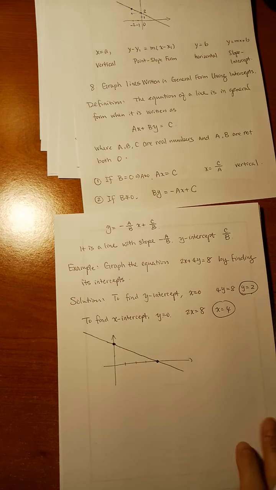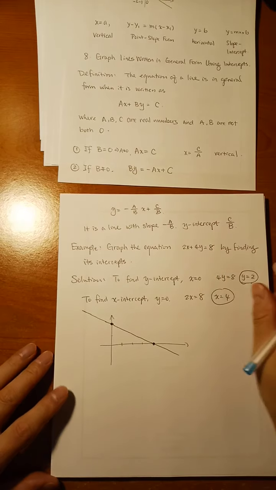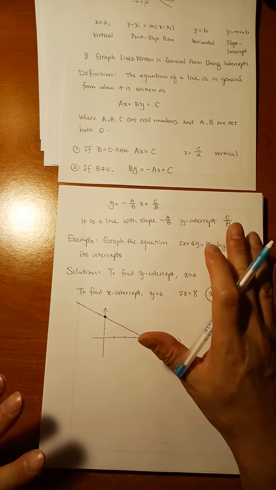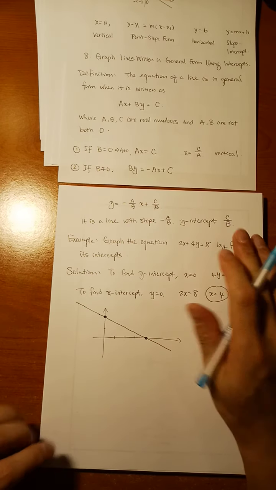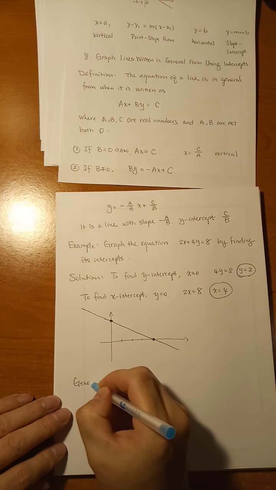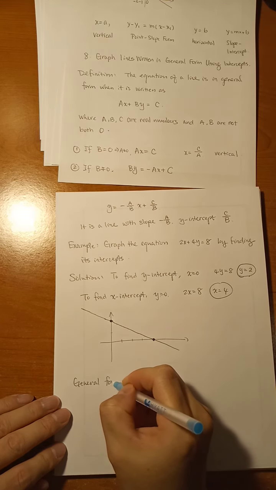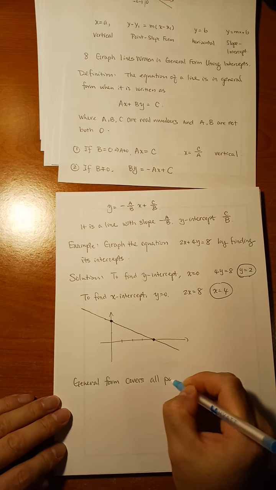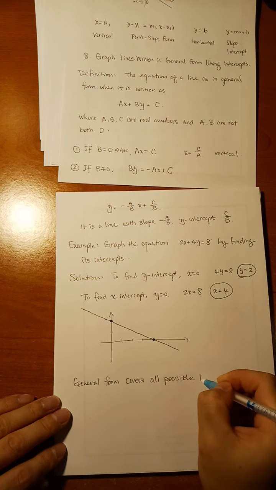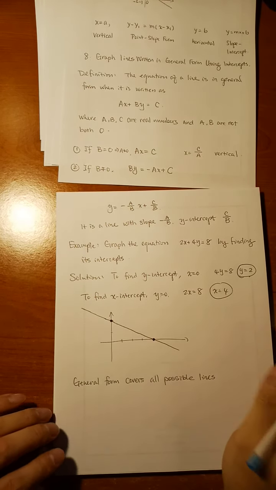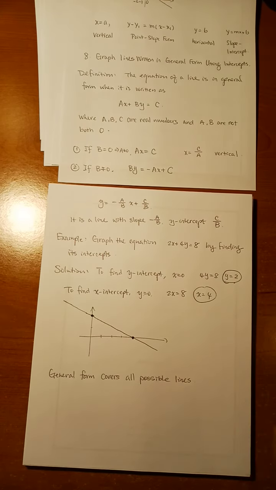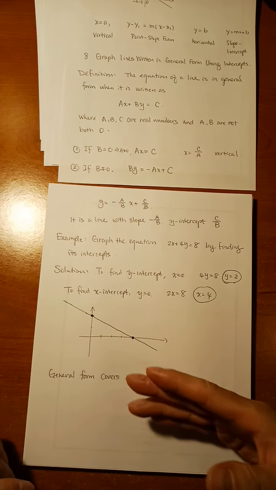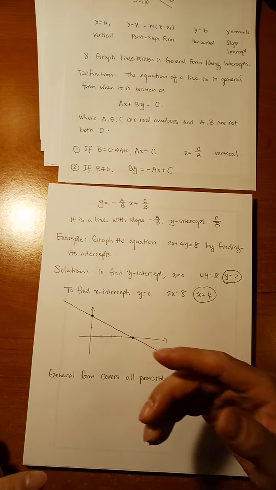Right? So the general form covers all possible lines, all the equations of lines. Remember, whenever you talk about slope, you actually exclude the vertical lines. But the general form does not talk about slope. It's just ax, by, c.